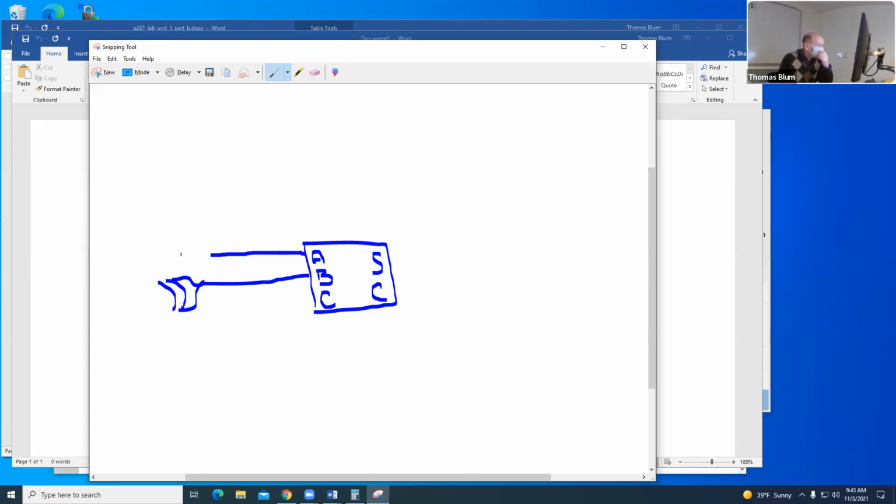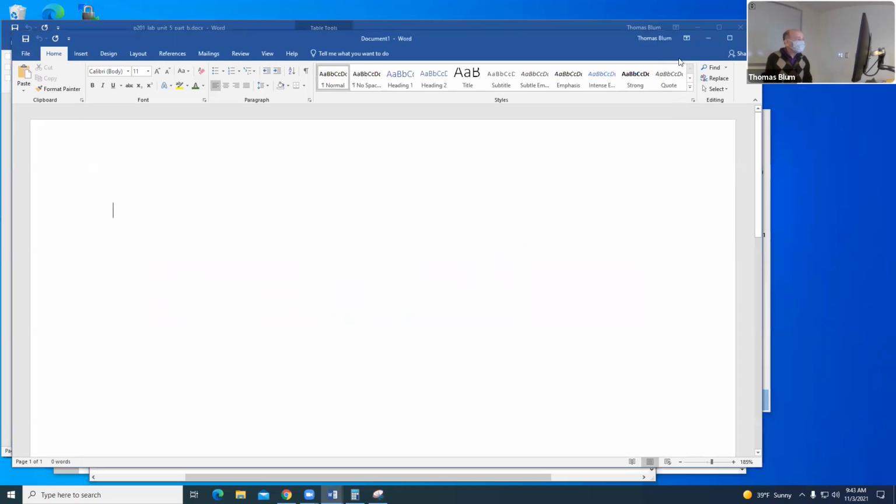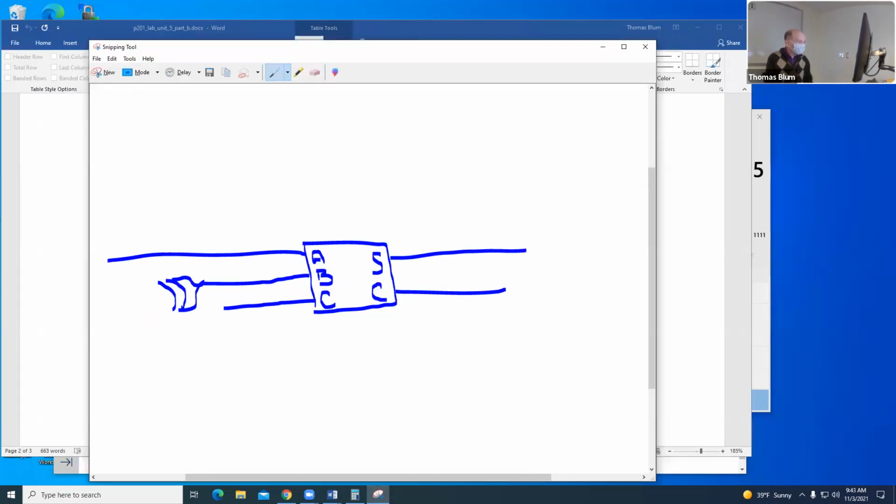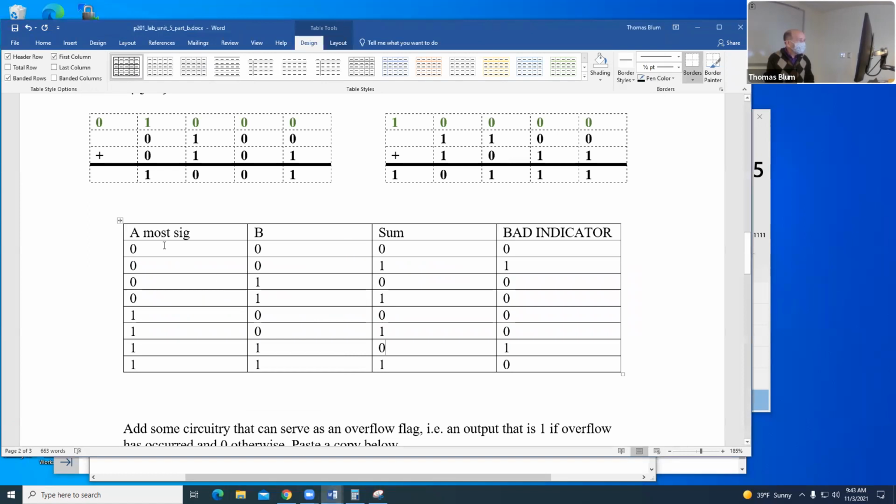So there's something coming into A, something coming into B, something coming into C from the thing above. There's something going out here, something going out here, and something coming in there.